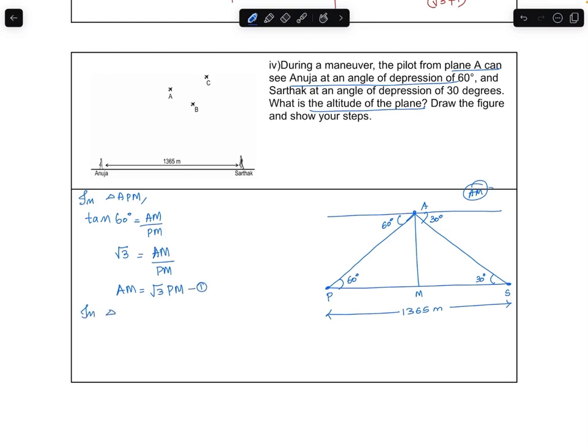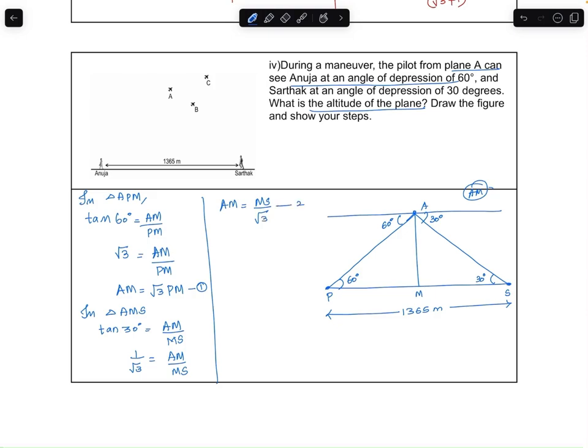In triangle AMS, tan 30 is equal to AM upon MS. Tan 30 is 1 upon root 3, so 1 upon root 3 is AM upon MS. From here we get AM is equal to MS upon root 3.